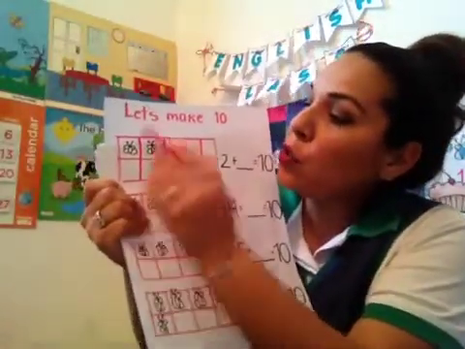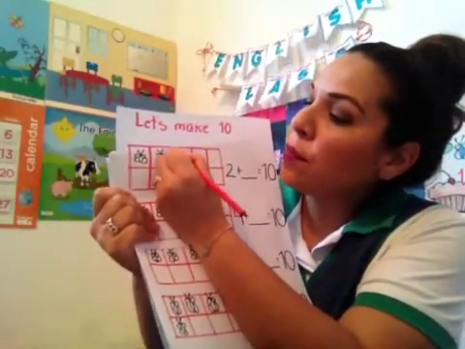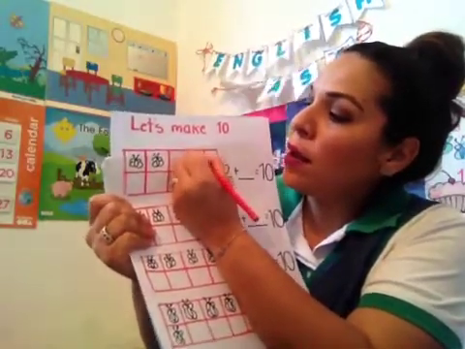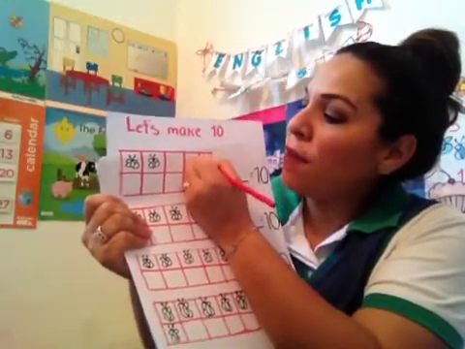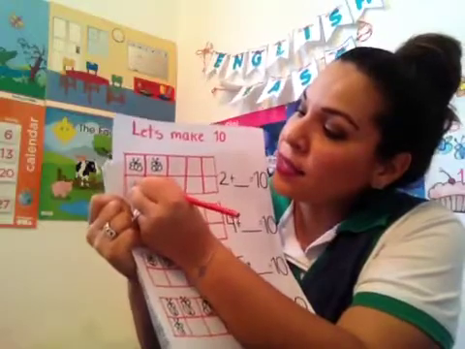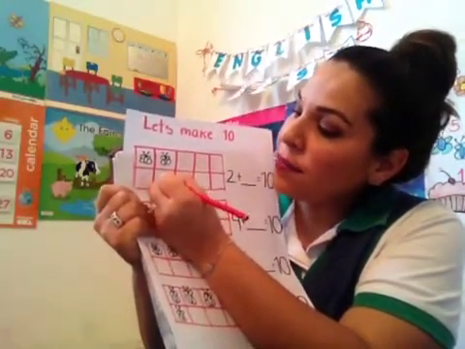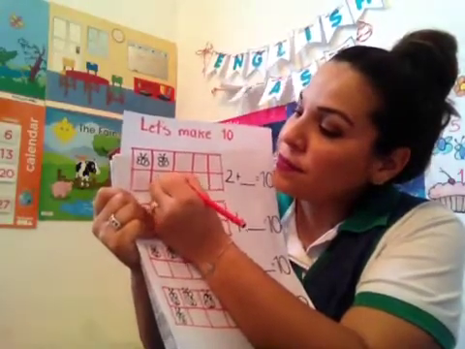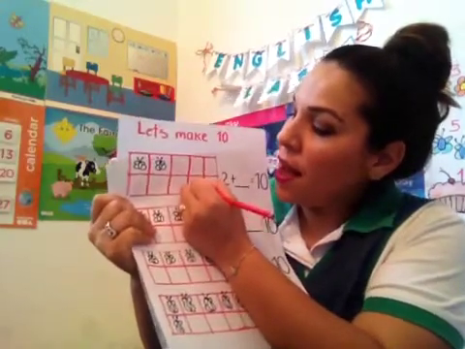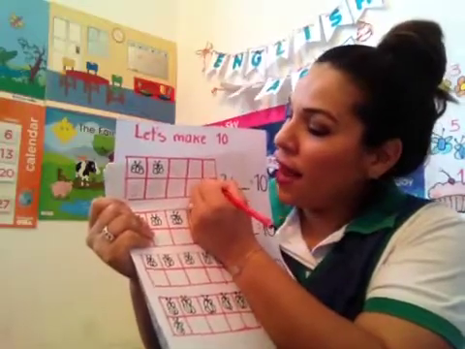Let's see how many we need to make 10. 1, 2, 3, 4, 5, 6, 7, 8, 9, 10.